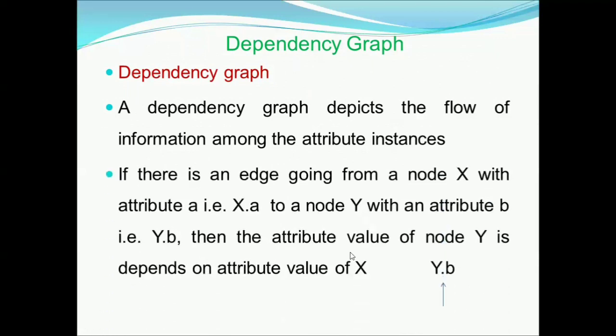It means if there is an edge going from node X with an attribute A, that is X.A, as I said earlier, A is an attribute associated with X, to a node Y with an attribute B, that is Y.B. Please observe that A is associated with X, B is associated with Y, but my Y value depends upon X value, so the attribute value of node Y depends upon the attribute value of X. That's why there is an arrow from X.A to Y.B. So this is called a dependency graph. In this case, my Y.B depends upon X.A.